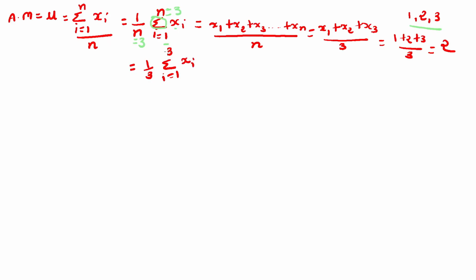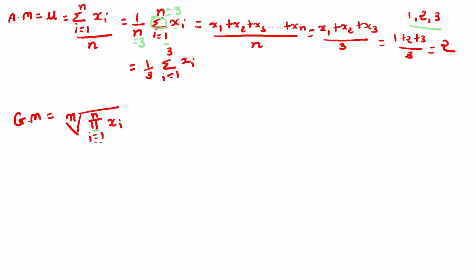The next equation is of a geometric mean, and its equation is nth root of product of n numbers. Okay, so over here, this is the symbol pi, which will be used to denote product of the numbers.